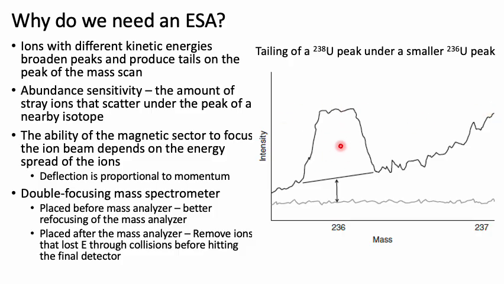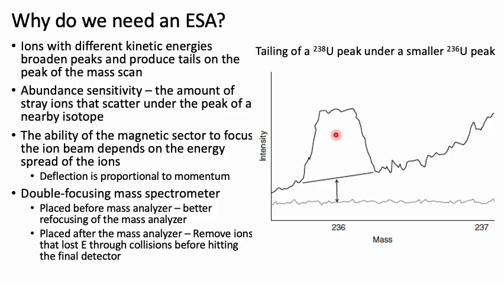So our actual intensity of our 236 peak is a combination of the actual 236 that we want to measure plus the tail of the 238, and this increases the amount of 236 we think we have if we don't correct for it. This tail is caused by this wider distribution in velocity that we need to filter for.